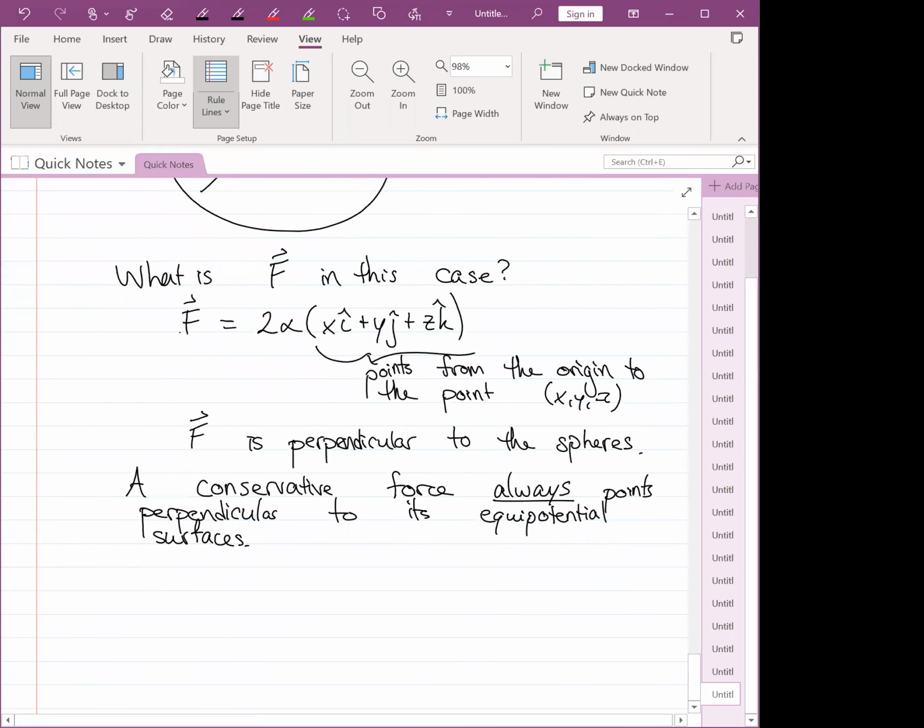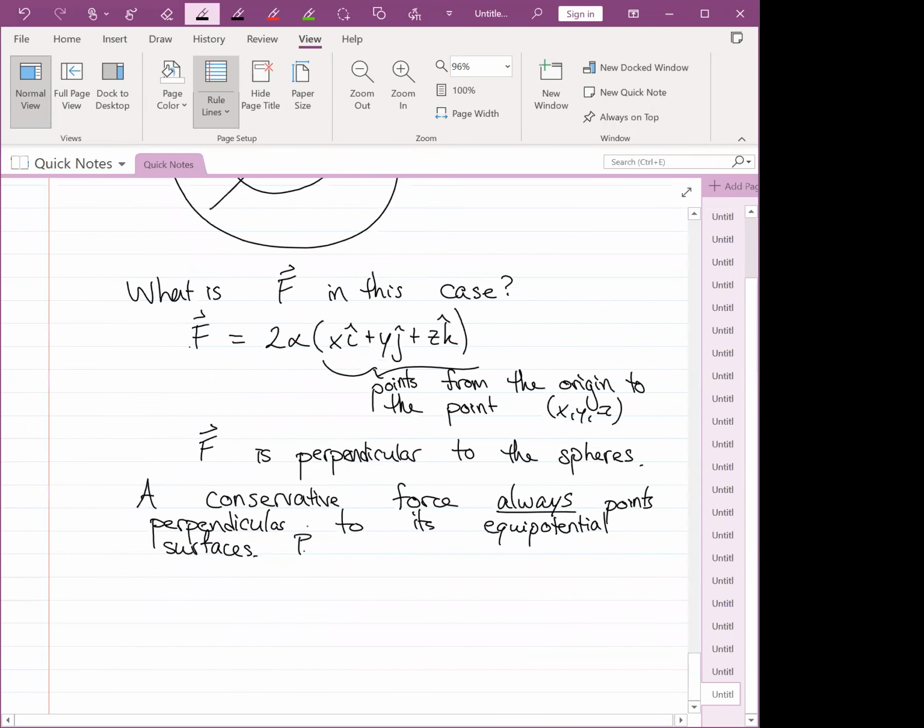In particular, it points from greater potential to lower potential.